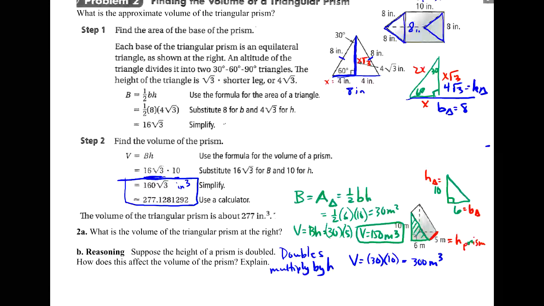It's just stacking another set of papers on top, simply doubling the volume. You make it twice as high, you double the volume. We essentially double our stack of papers.